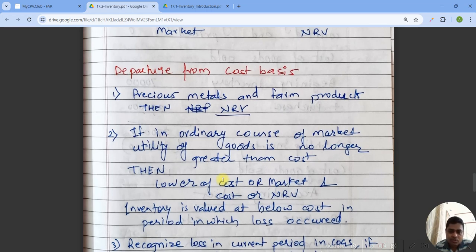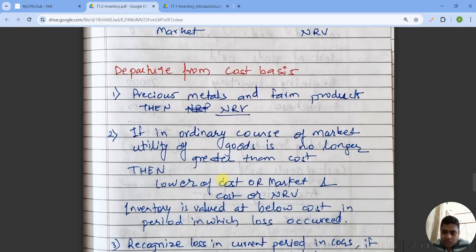the cost concept is not used. In that case, it is NRV. Second, in the ordinary course of market, if the market utility of the good is no longer greater than the cost, then lower of cost or market and cost or NRV applies. Inventory is valued at below cost in the period in which the loss occurs.